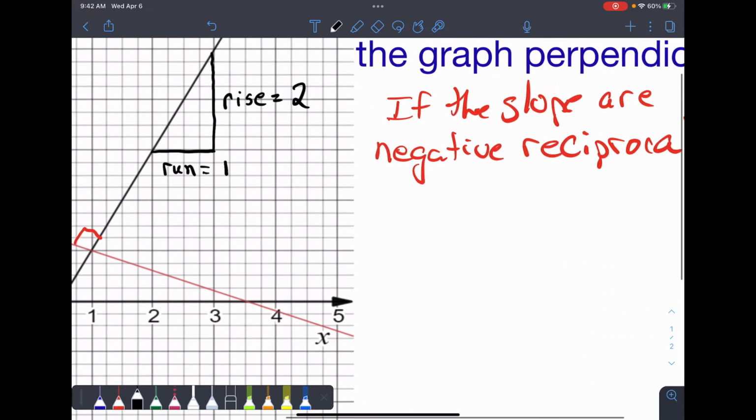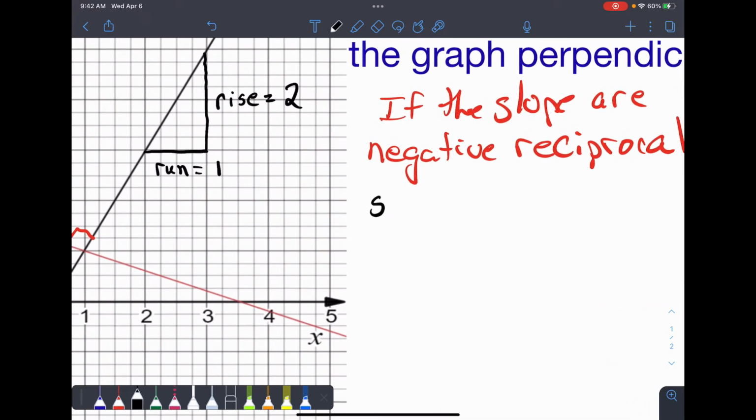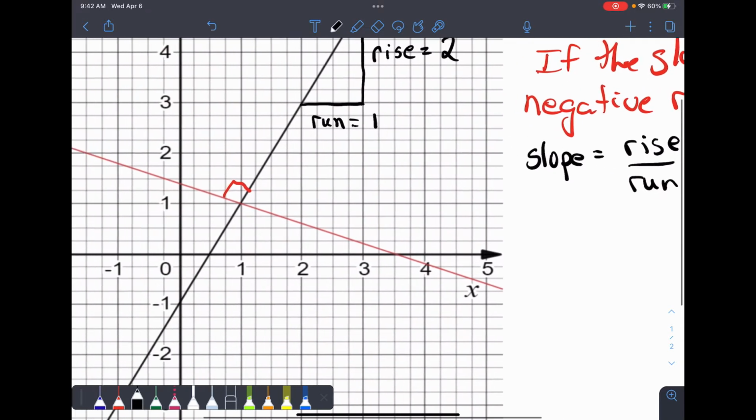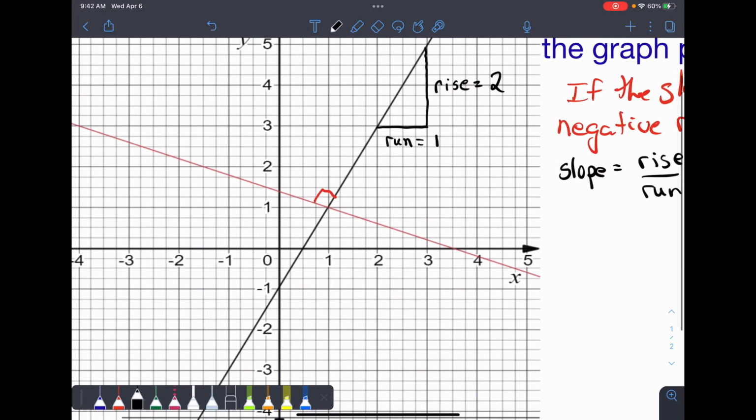And so we can find the slope, which is equal to the rise over the run, is equal to 2 over 1, or just 2. All right, so that's the black line. Let's look at the red line.